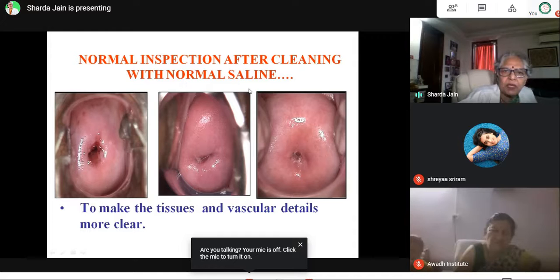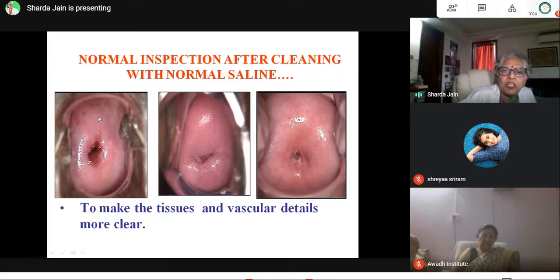Now here you can see the cervix, which has been cleaned up. There had been a little discharge here and there, and after it has been cleaned with saline, you can find a good clean cervix. Here also you find a good clean cervix.